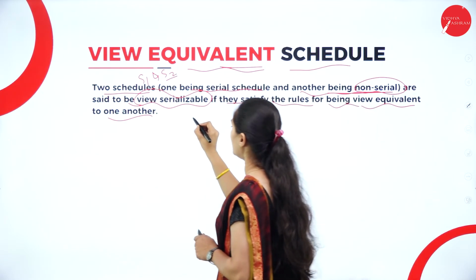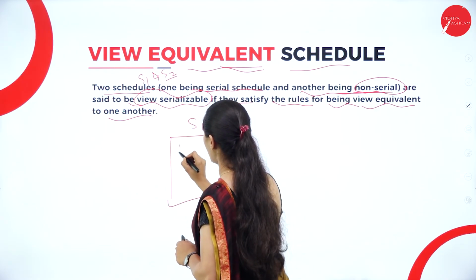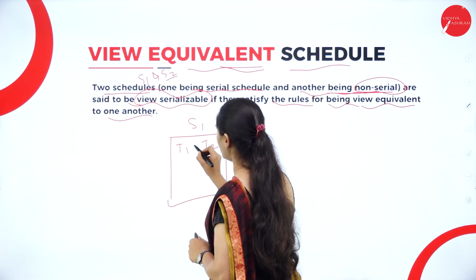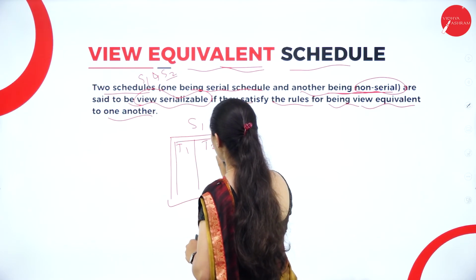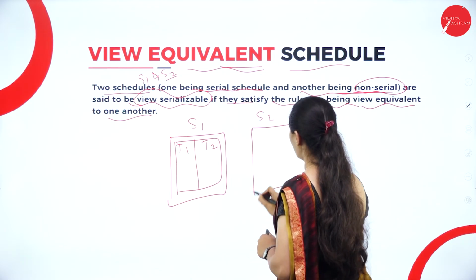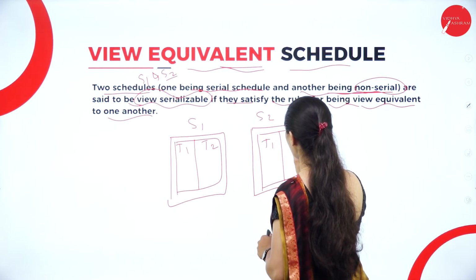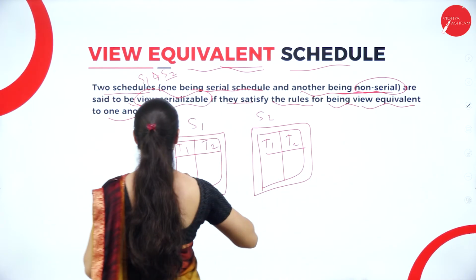Let me consider S1. In this S1 I have two transactions, T1 and T2, and I have S2, which will be non-serial, with T1 and T2 transactions as well. If it is serial, how does it need to be?